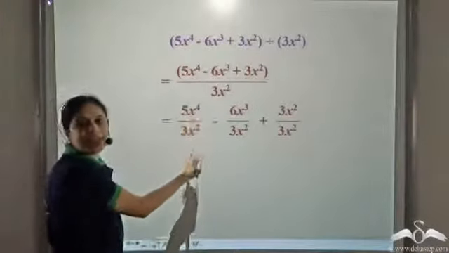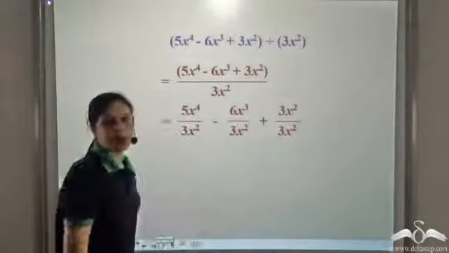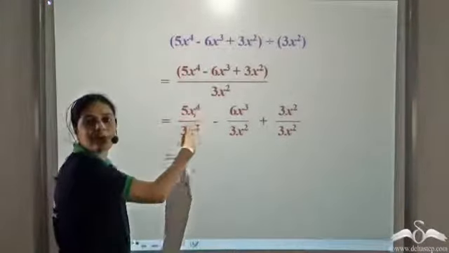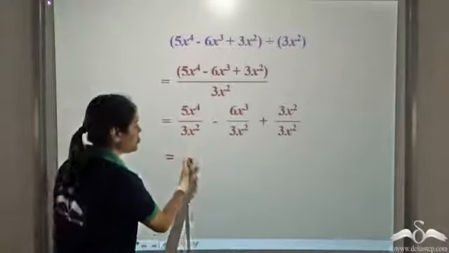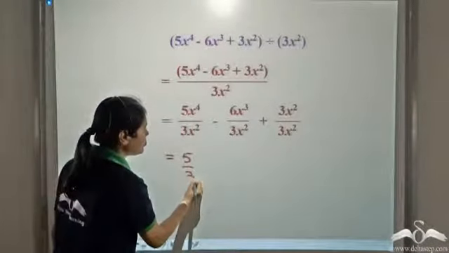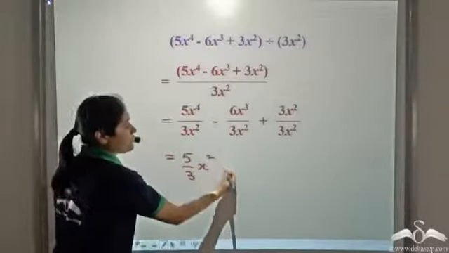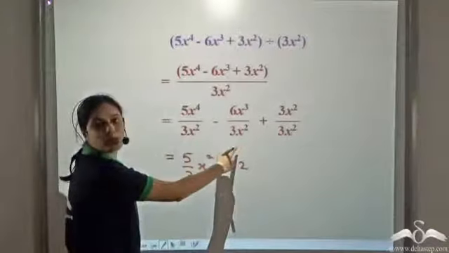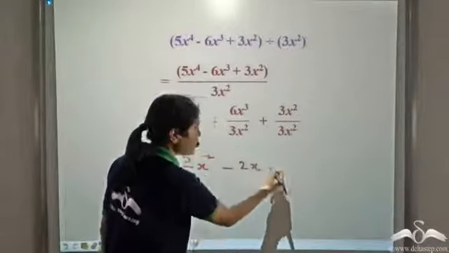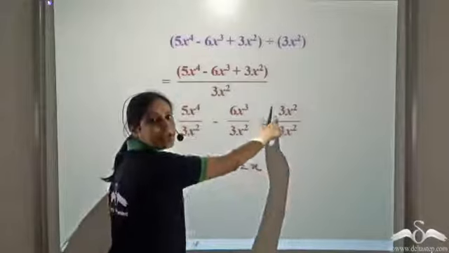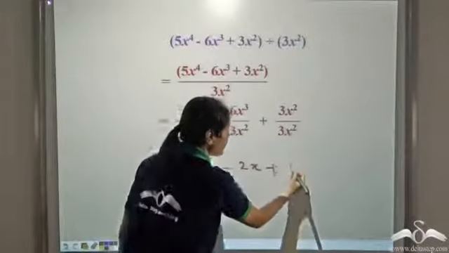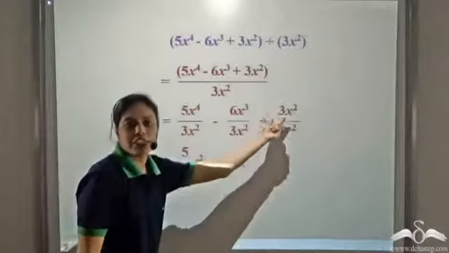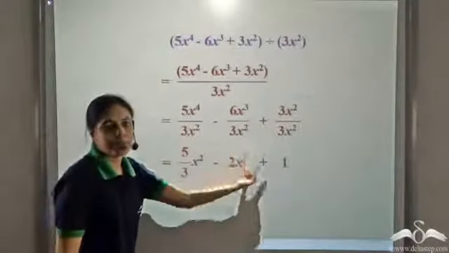So we divide each term and get, dividing 5x to the power 4 by 3x square, we get 5 by 3 x square, minus 6 by 3 gives us 2, x cube by x square gives us x, plus 3x square by 3x square gives us 1. So we divide each term of the expression by the monomial.